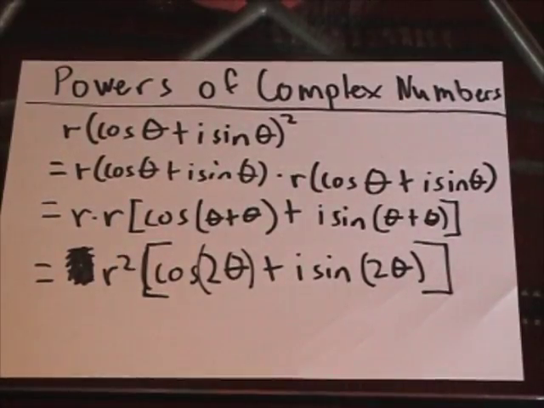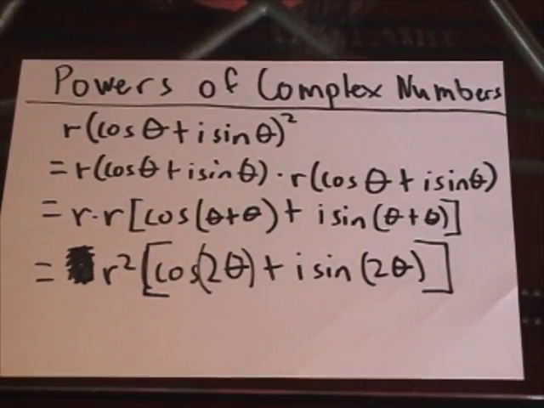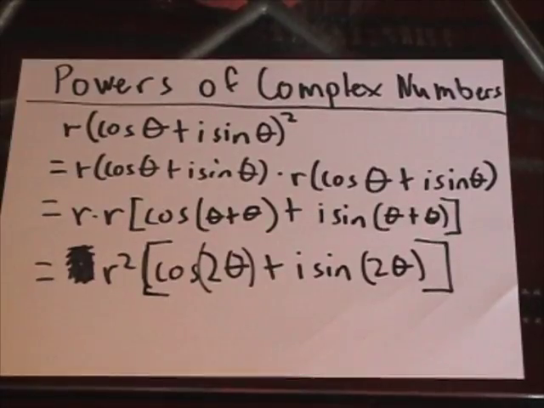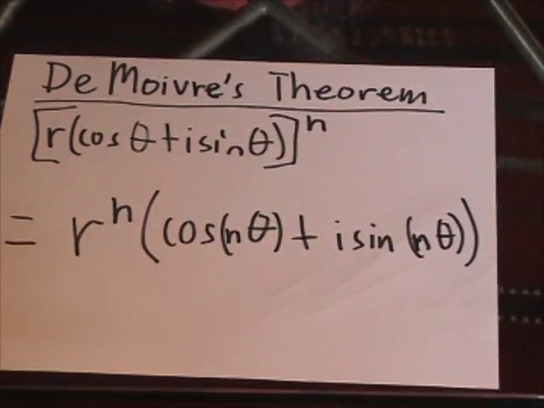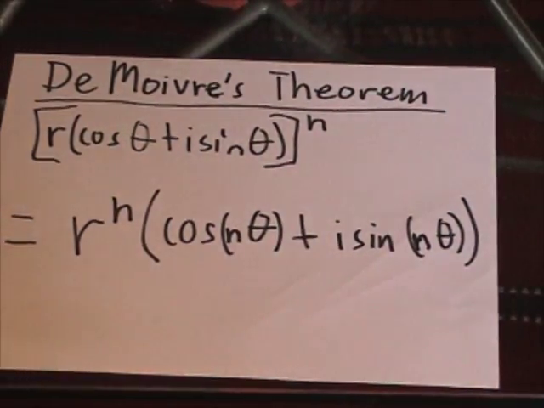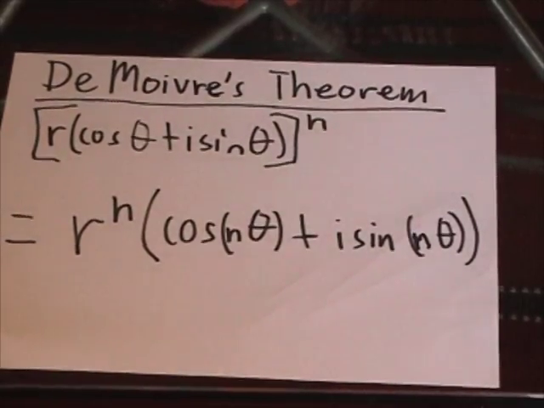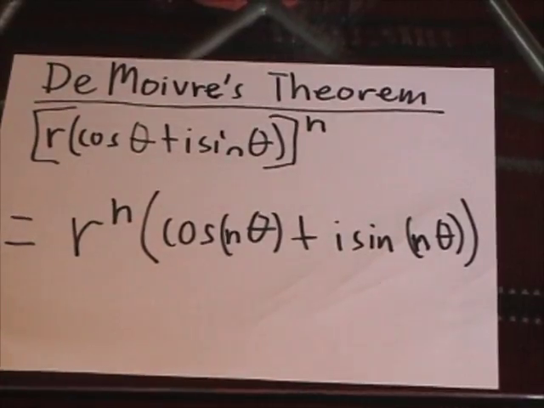So we know that that is r squared times the quantity of cosine of theta plus theta plus i sine of theta plus theta, which is equal to r squared times the quantity of cosine of 2 theta plus i sine of 2 theta. From this, we can deduce de Moivre's theorem, which states that r times the quantity cosine theta plus i sine theta, to the n, is equal to r to the n times the quantity of cosine of n theta plus i sine of n theta.